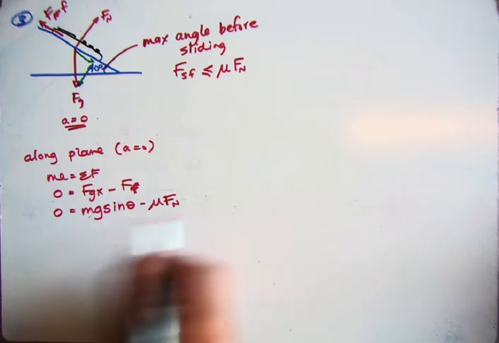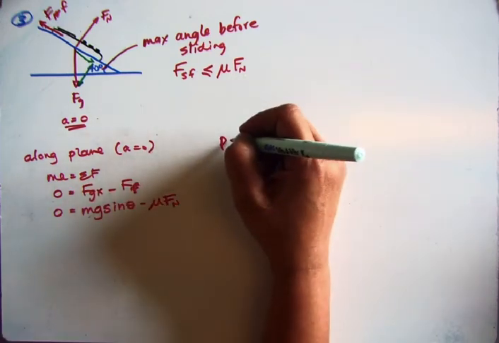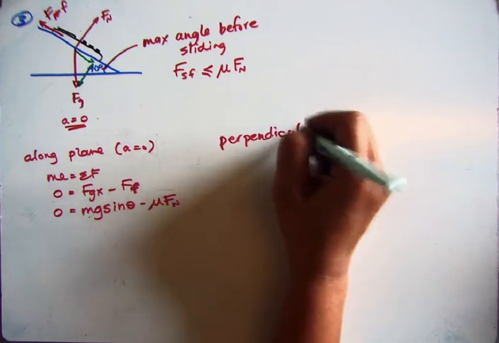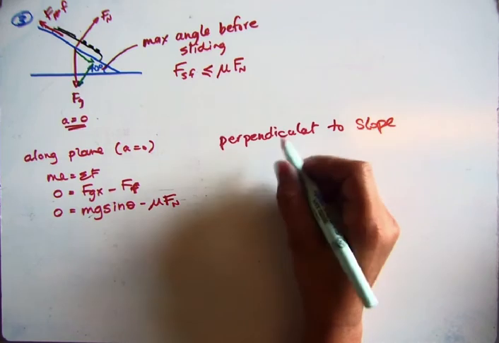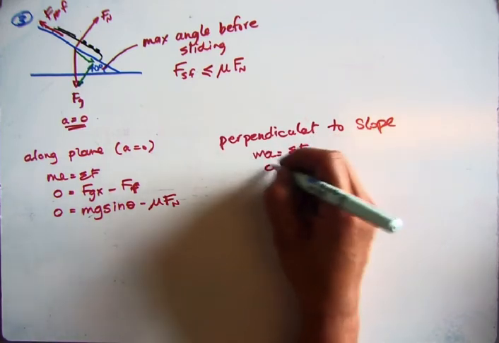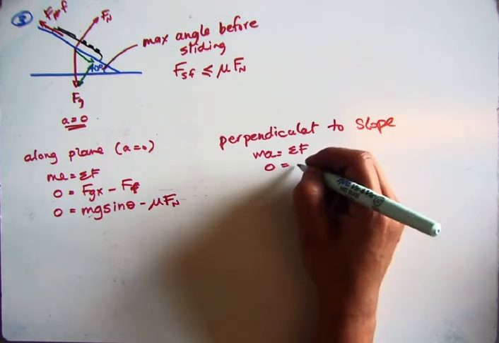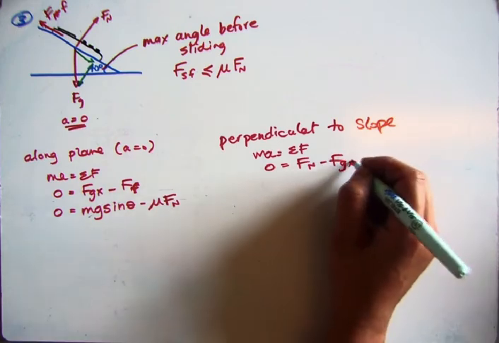Thinking about what Fn equals, we've done this before, but we went perpendicular to the slope. We saw that ma equals the sum of the forces. Again, it's 0 because it's not sliding, and that's equal to Fn minus Fgy.